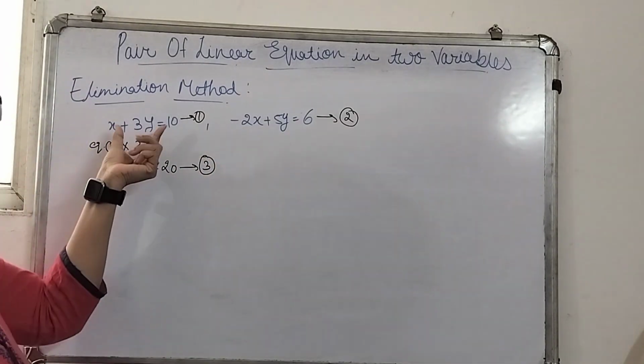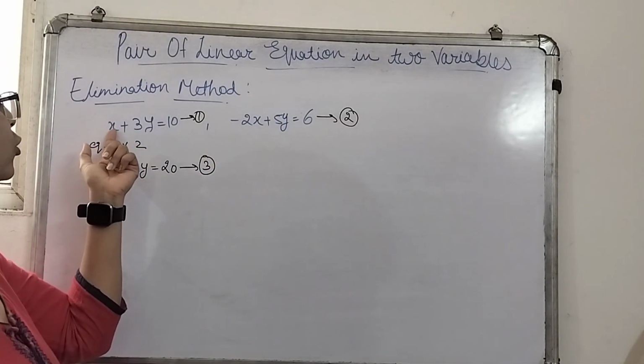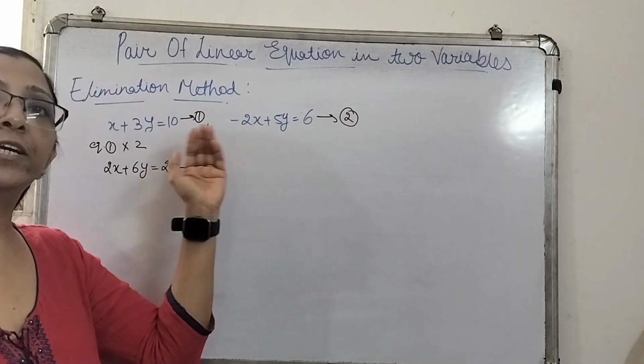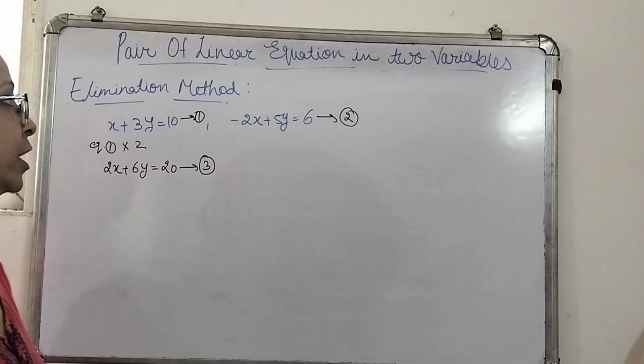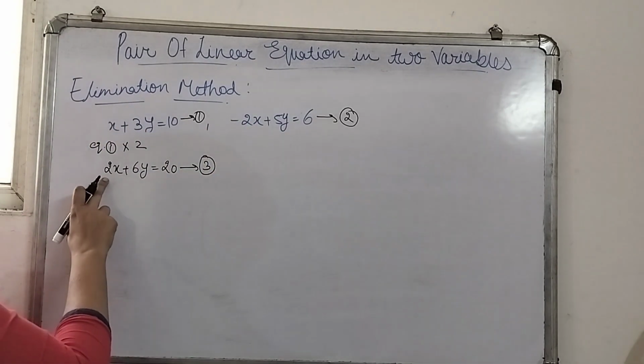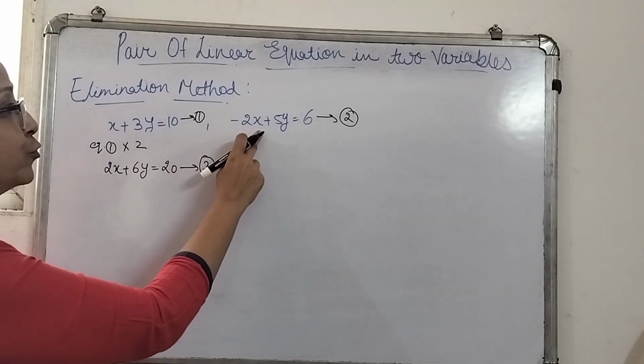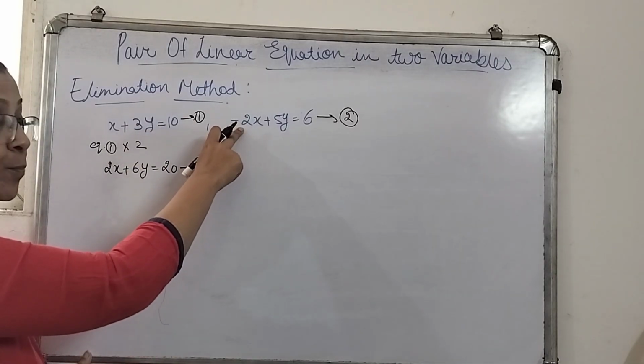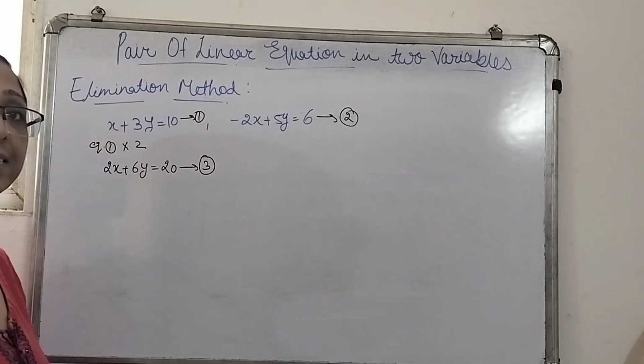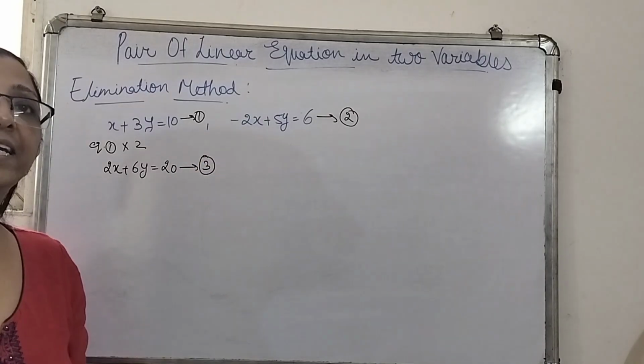What we have done is made the numerical coefficient of x equal in both the equations. Now here the coefficient of x is +2 and here the coefficient of x is -2. If they are unlike signs, then we will add these two.